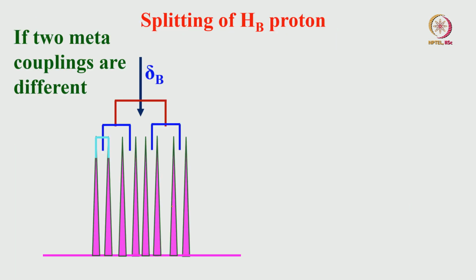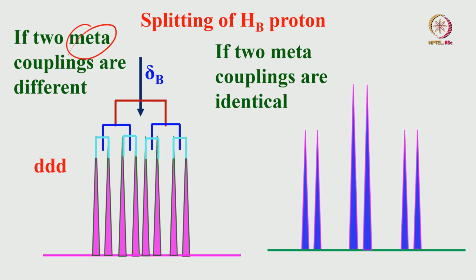If the two ortho couplings are identical, then you will get a triplet of doublets. The two identical ortho couplings give a triplet, and each line of the triplet is going to be a doublet because of the meta coupling.